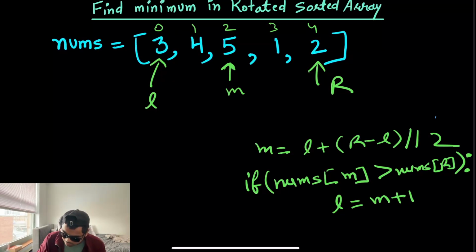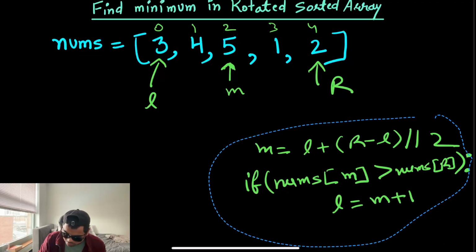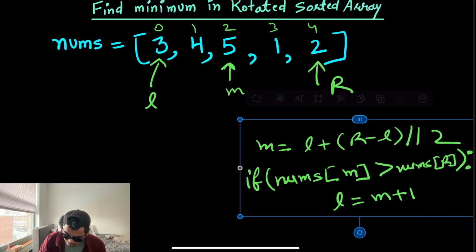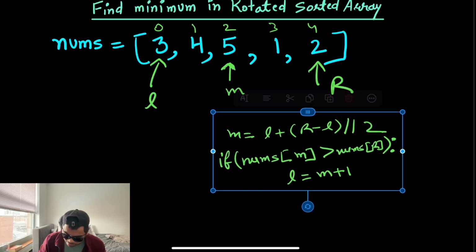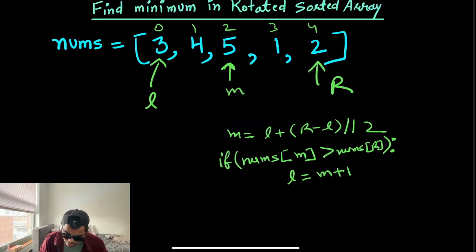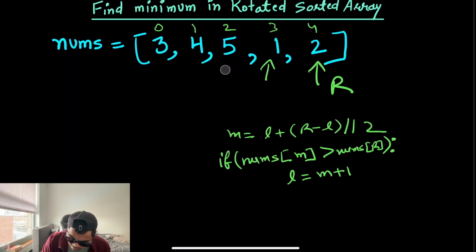Let me take this over here. Now, since we are doing a dry run, I'll move this left pointer to over here. This mid is gone, my left pointer is now over here.